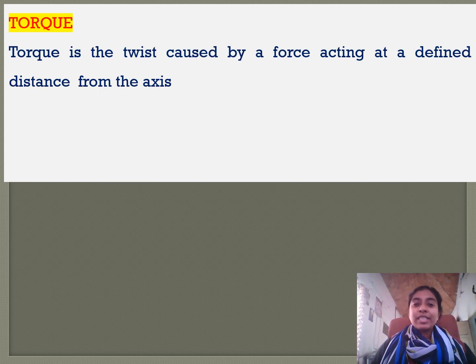Torque is a twist caused by a force acting at a defined distance from the axis. That is why we call it rotation about a constant moment, rotation with the help of a constant moment. Kinetics.